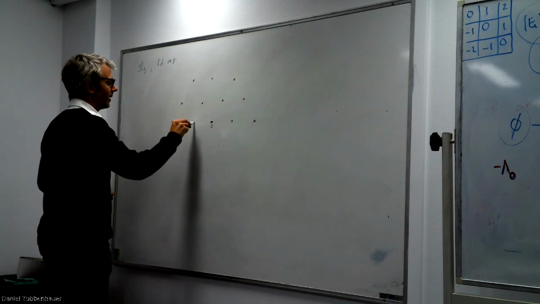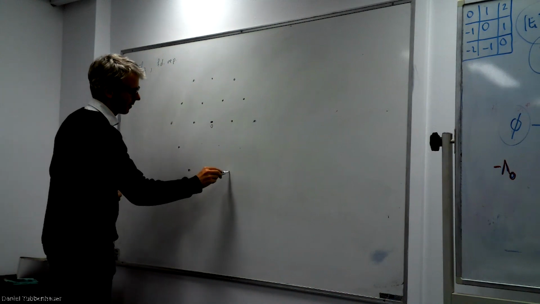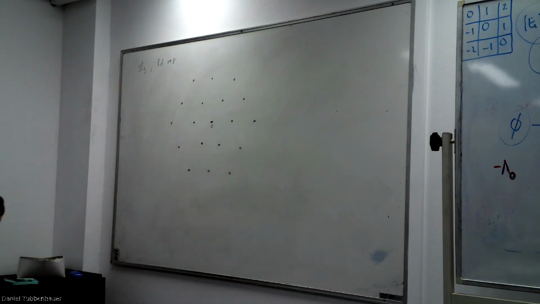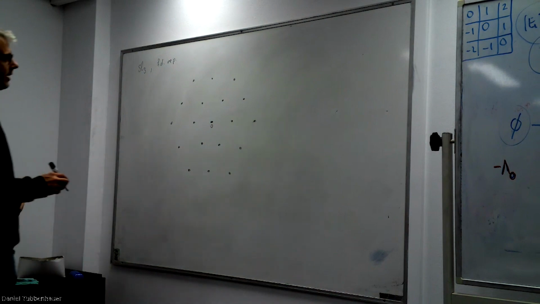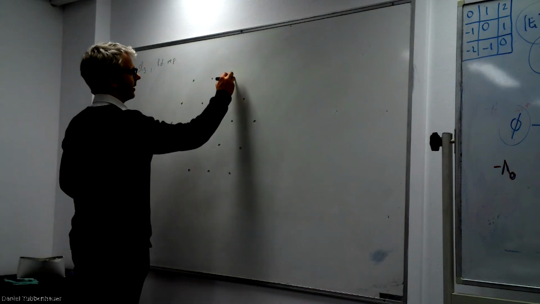Okay, so these are all the weight spaces. So this is my module, and these are all the weight spaces, yeah? This is my highest weight module, and this is my highest weight.